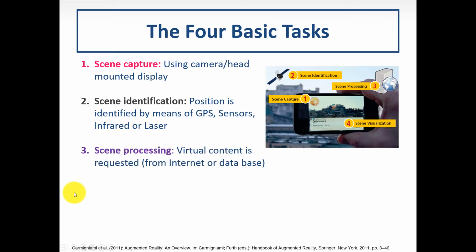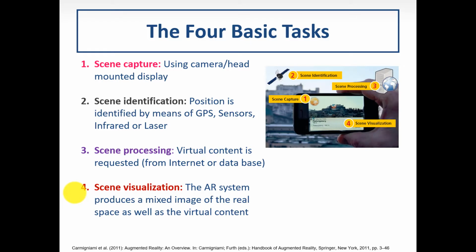Third, the processing of the scene, so that the virtual content can be requested from the internet or a private database. And lastly, the visualization, so that is really the enhancement. Of course, that happens at speeds that are instantaneous for our experience. So the AR system produces a mixed image of the real space as well as the virtual content. These are the four basics.